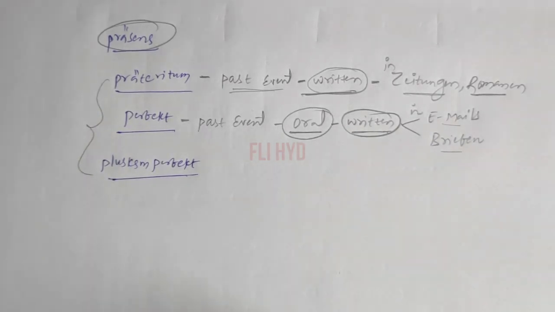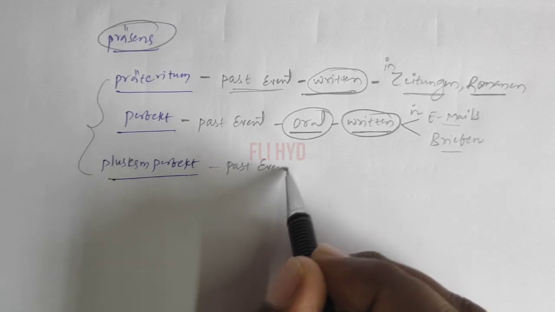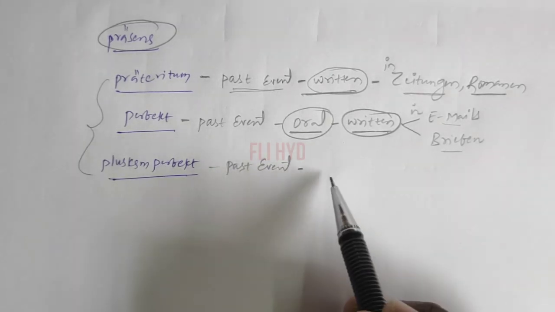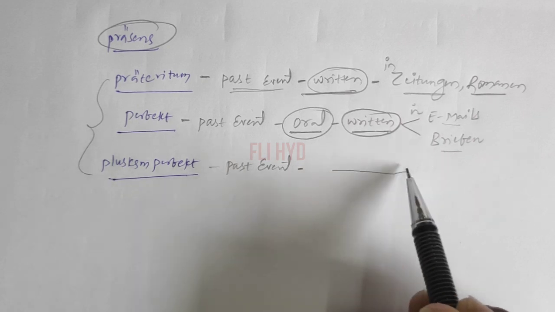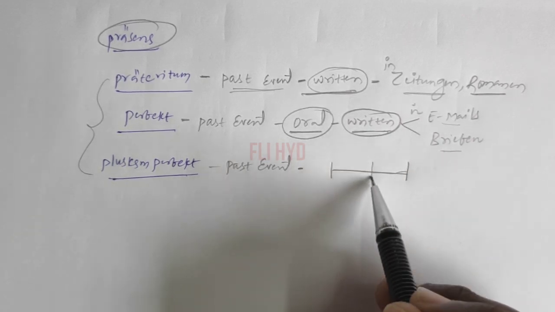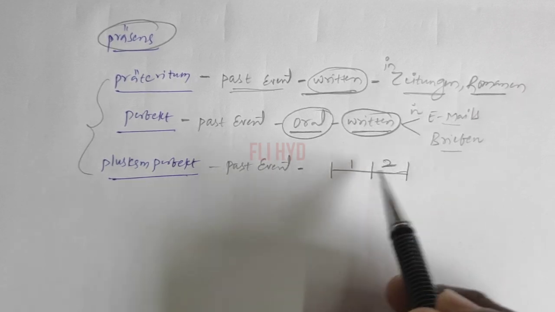Clear? Now come to the Plusquamperfekt. Plusquamperfekt is also talking about a past event. But when do we use this Plusquamperfekt? It is used in the past when two actions happened, one action after another action.